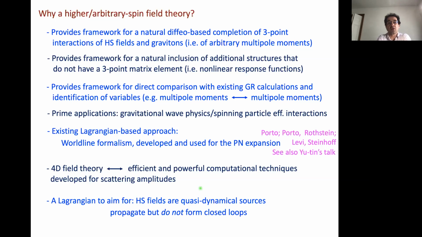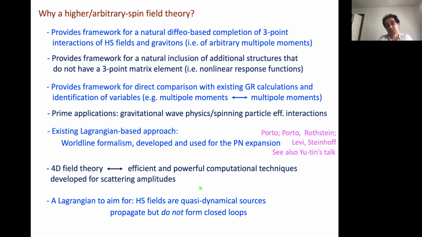A four-dimensional Lagrangian framework also provides a natural inclusion of additional structures that do not have three-point matrix elements, such as nonlinear form factors. That's just a fancy way of saying that you can add terms that contain Riemann square terms to the Lagrangian, and these terms will not be related to the three-point amplitudes that we used to construct the Lagrangian in the first place.